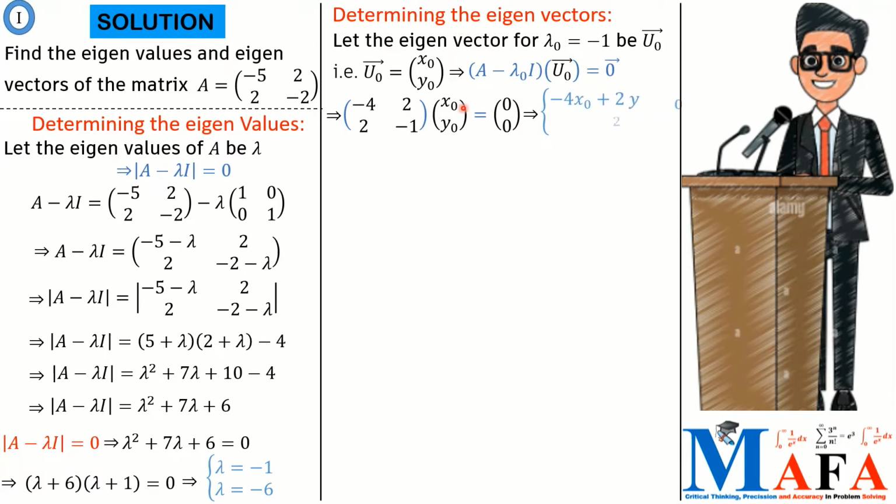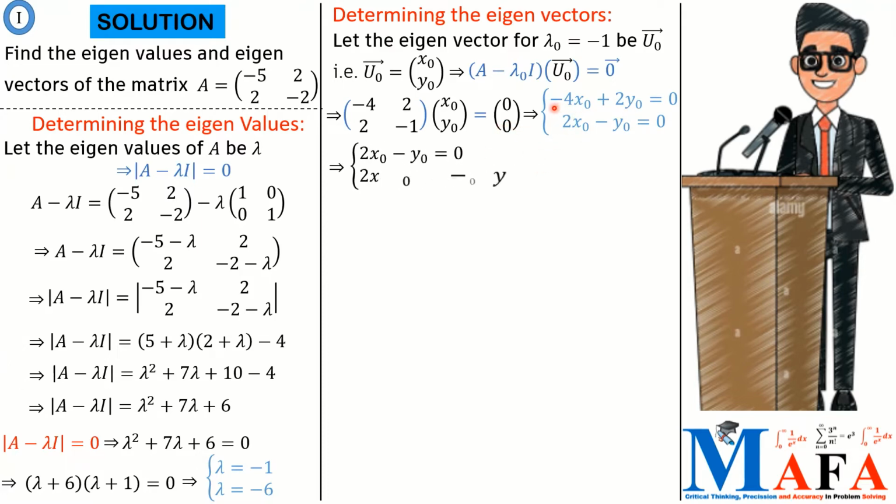So from there we can multiply and we have a system. -4 times x0 is -4x0, 2 times y0 is 2y0, so you add the two and equate to its corresponding entry 0. Next, 2 times x0 is 2x0, -1 times y0 is -y0, and equate to its corresponding entry, which is 0. So we can try to simplify.